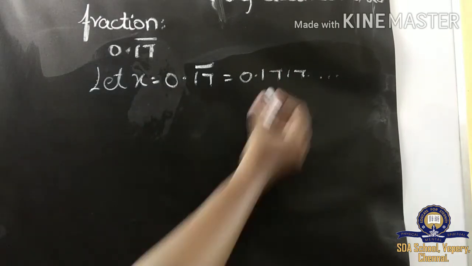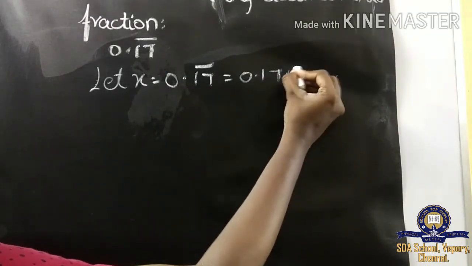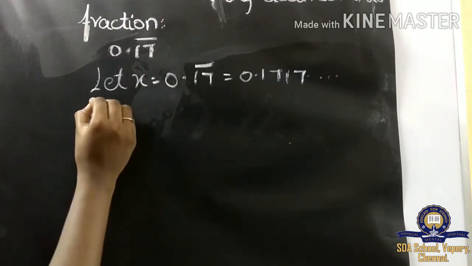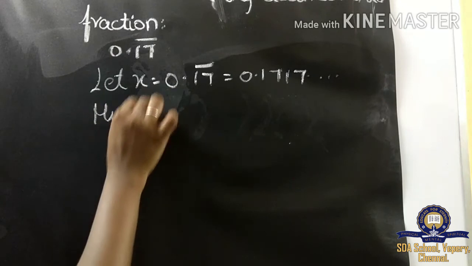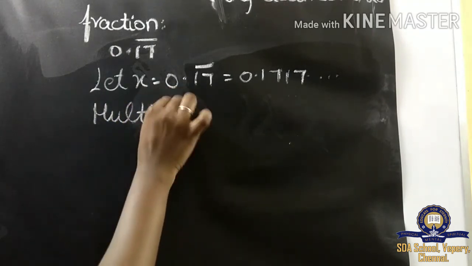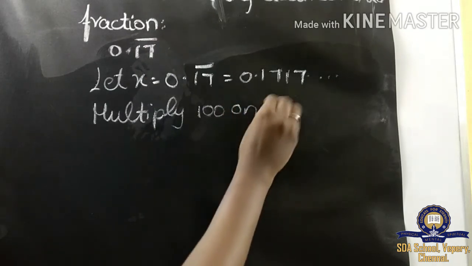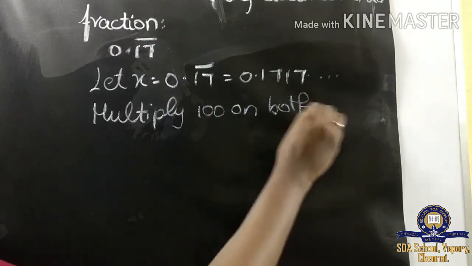So here we are going to multiply 100 on both sides.